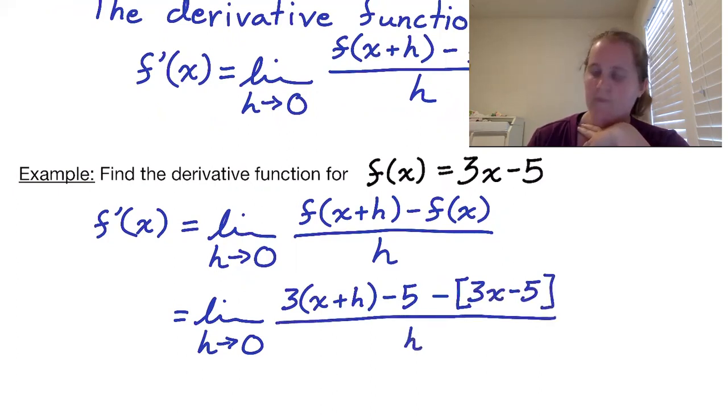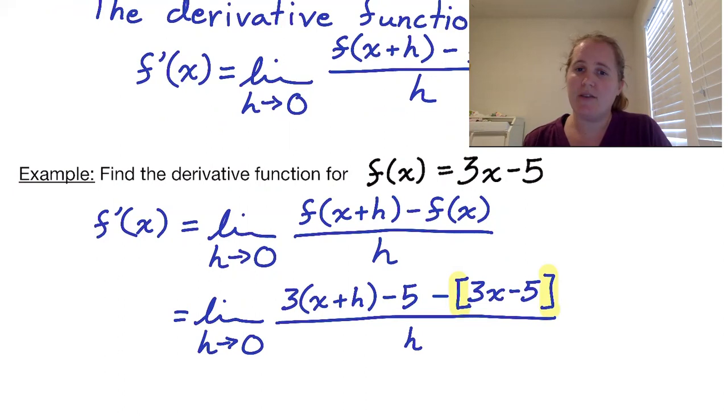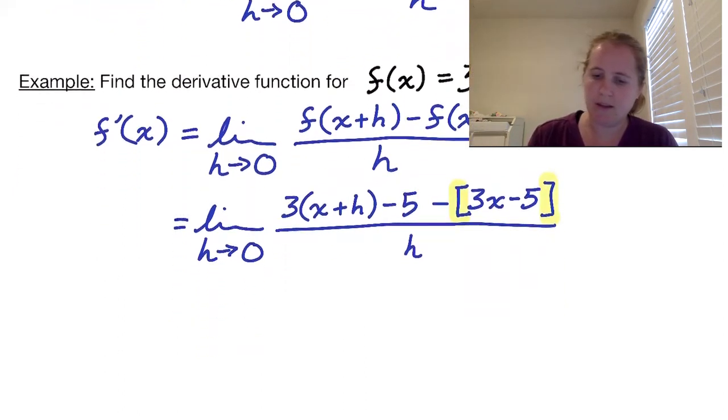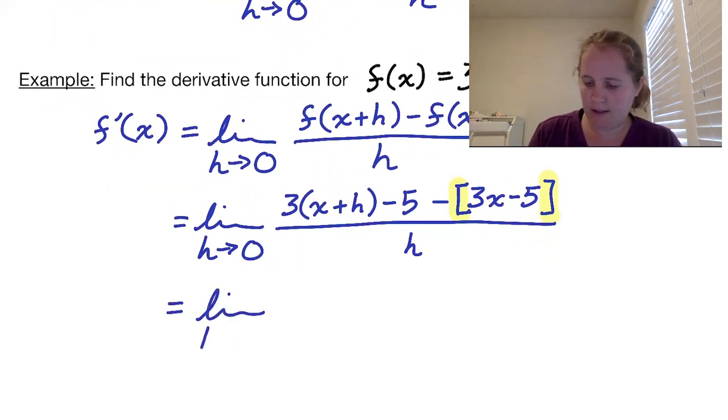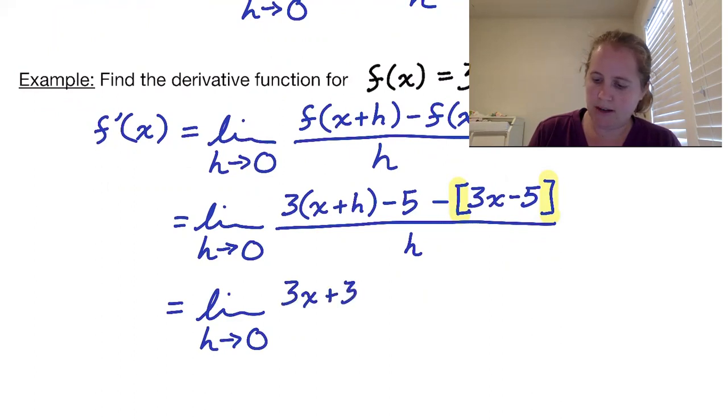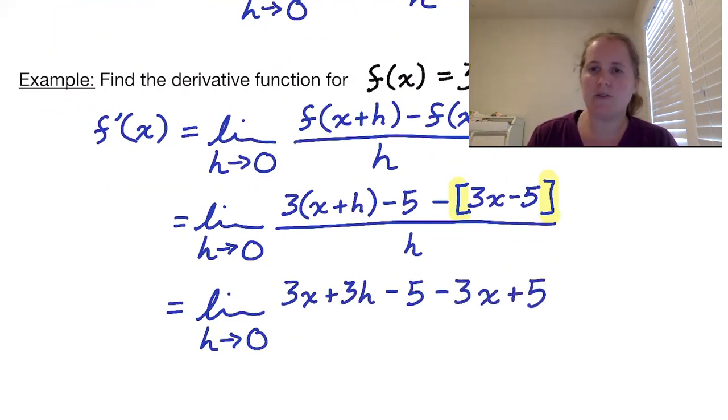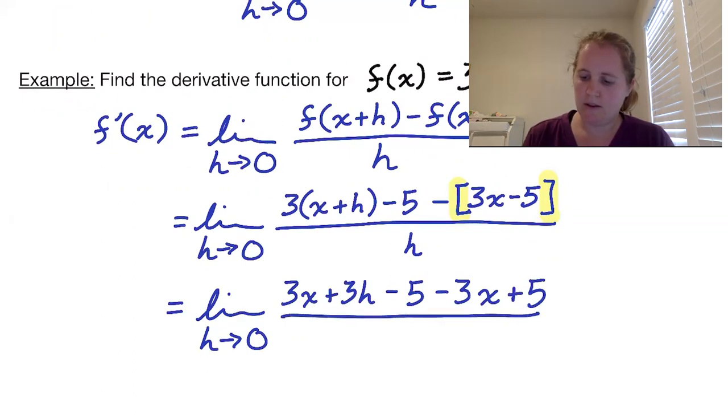all over h. So it's extremely important that you remember that we are subtracting off the entire f of x, not just the first component. So put that f of x in parentheses. From here, this becomes the limit as h goes to 0 of 3x plus 3h minus 5, then we have minus 3x plus 5 if we distribute that subtraction, all over h.